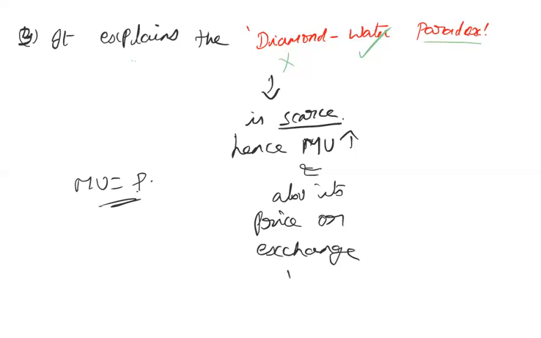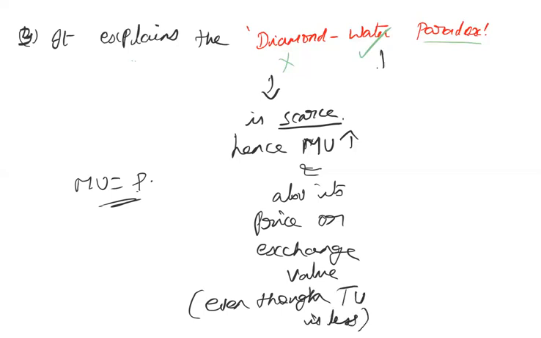So even though for diamond the total utility is very less, the total satisfaction we are getting is less compared to the marginal satisfaction. This is all happening because it is scarce in supply. But in the case of water, total utility is very high, but there is no additional satisfaction in water.